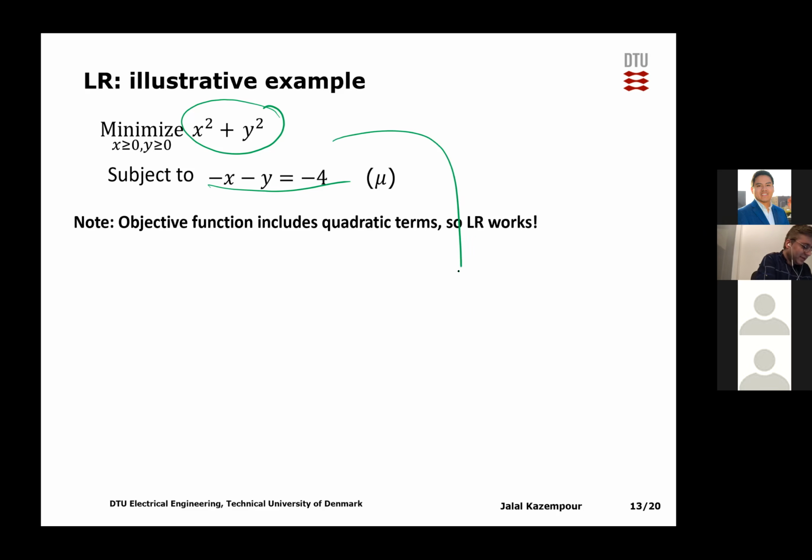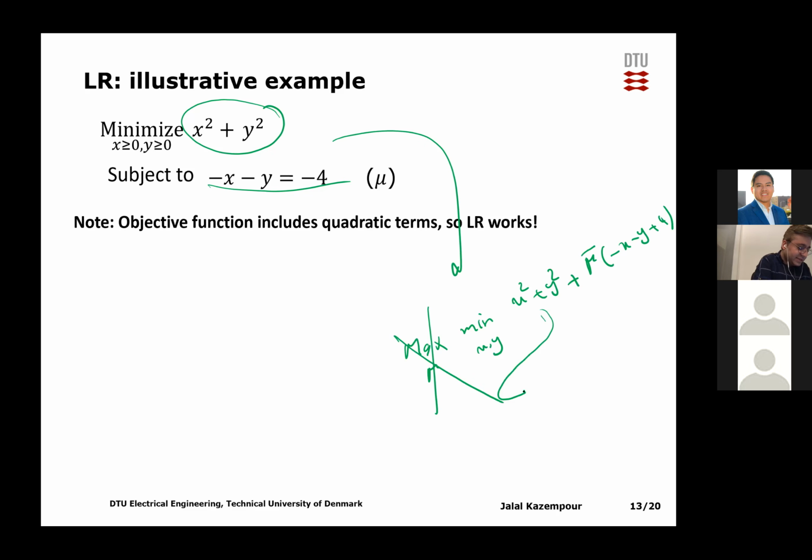You remember definitely. So then you can write your problem equivalently with max over mu, min over x and y, x squared plus y squared plus mu times (4 minus x minus y), right? Then we fix the dual variable, so this term is gone. Then this is just mu bar.